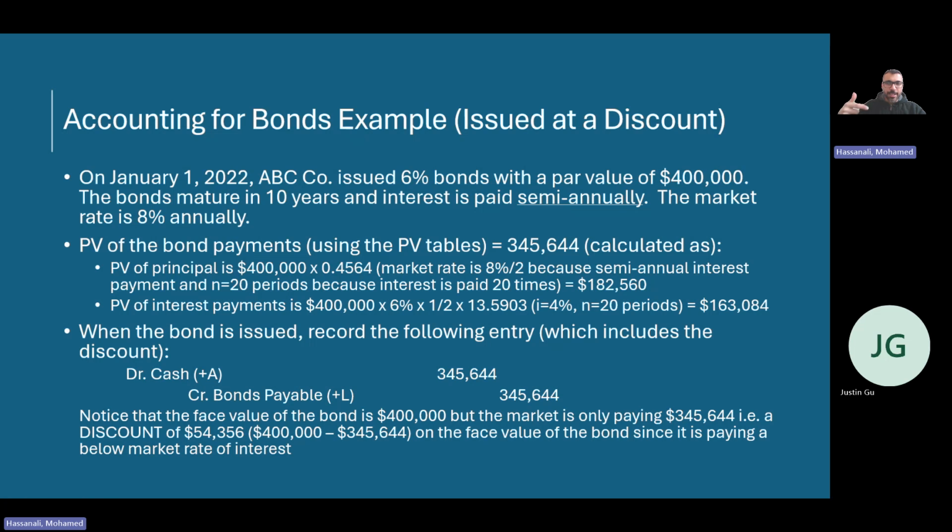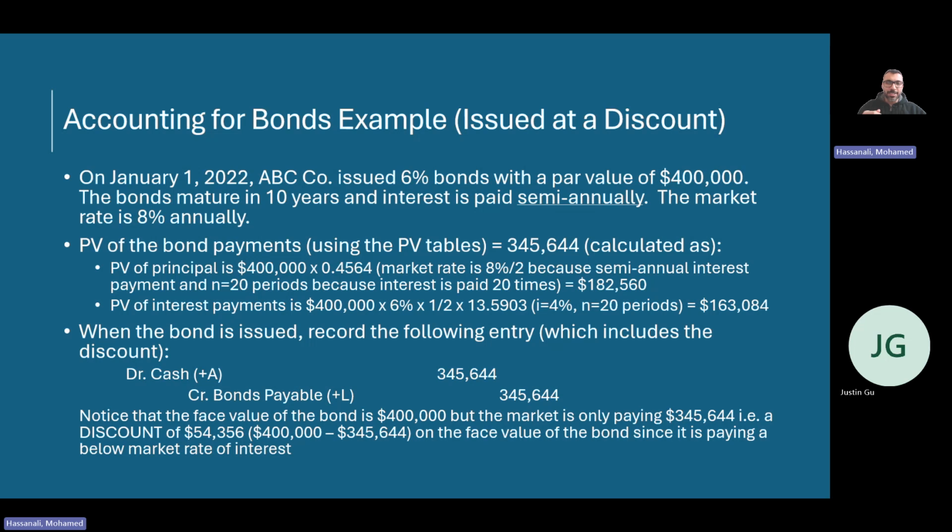So the way interest is calculated, forget everything else. I, as a business, have promised you interest on a $400,000 bond at an annual rate of 6%. So if you do 400,000 times 6%, that's the interest I'm going to pay you in the year. But I tell you I'm going to pay that twice a year.